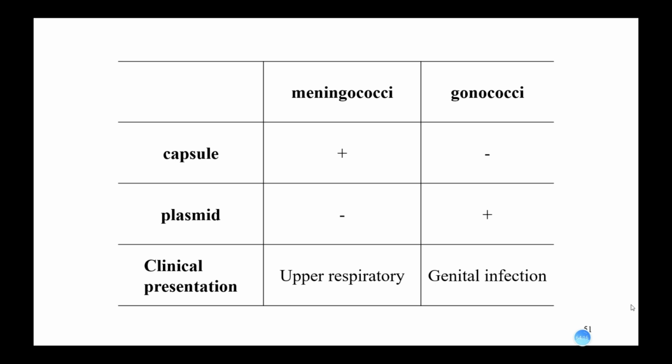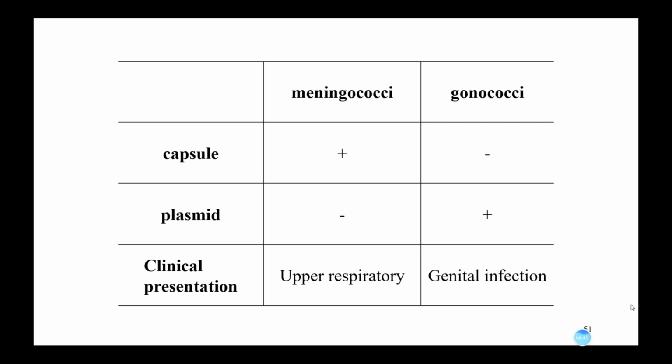So this is the difference between the two species. Capsule: meningococci produce a capsule, but gonococci do not. Plasmid: gonococci carry a plasmid, meningococci have no plasmid. And also the clinical presentation. The entry to the body is different.